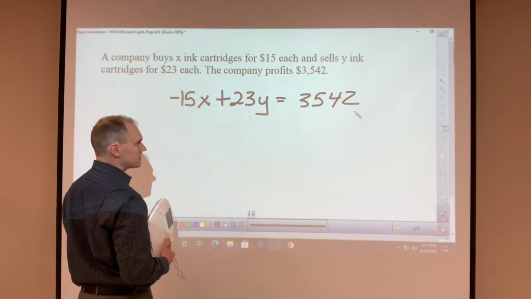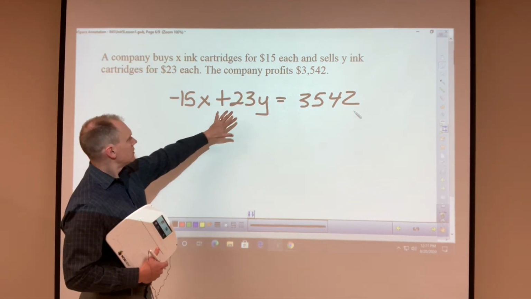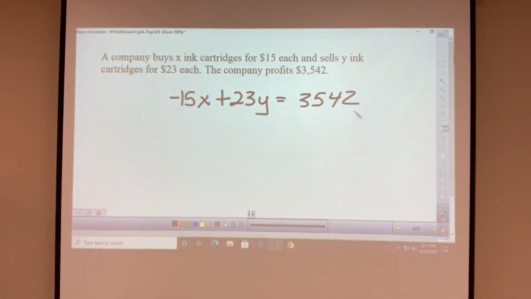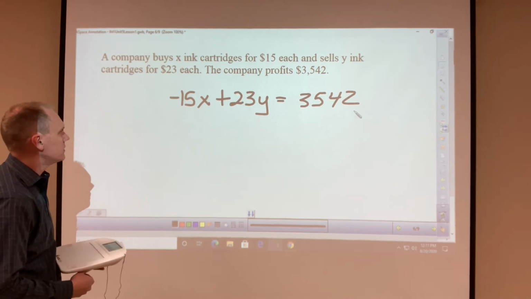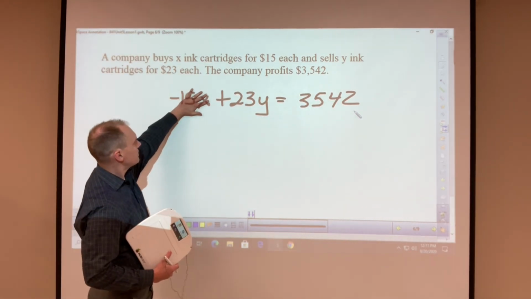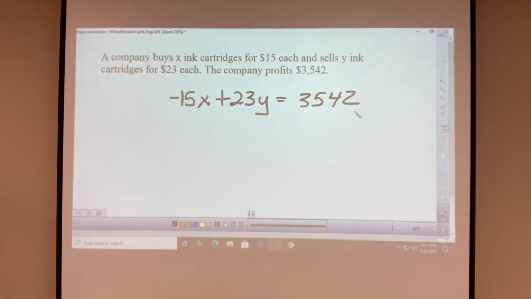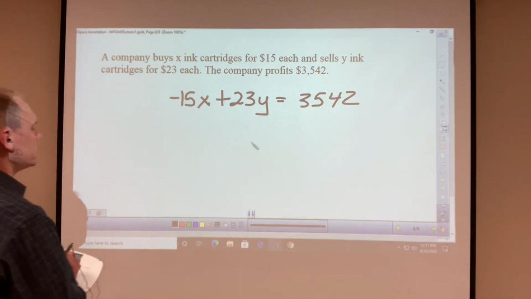So how can we find the X and Y intercepts? Well, we could divide. 3,542 divided by negative 15 is negative 236.3, with a 3 repeating. And then the Y-intercept would be that same value divided by 23, which is 154.